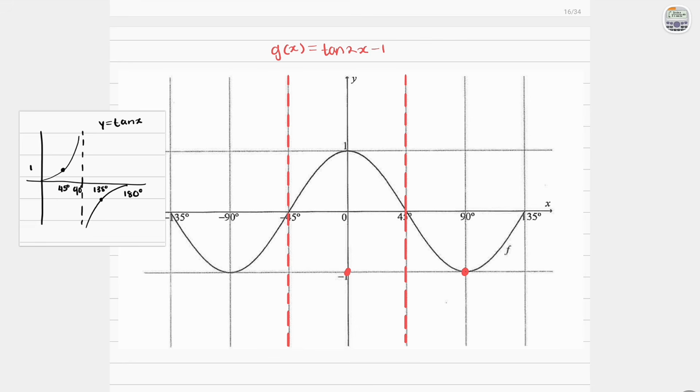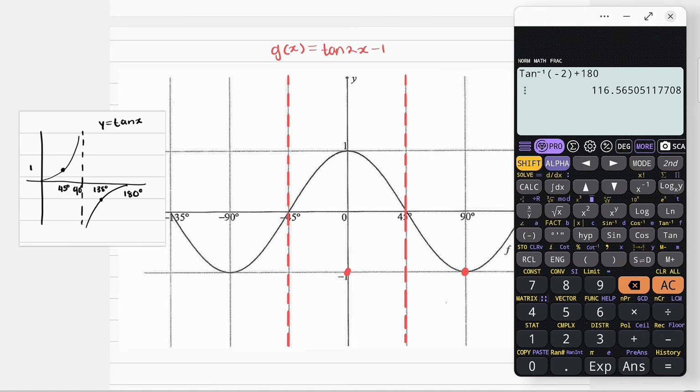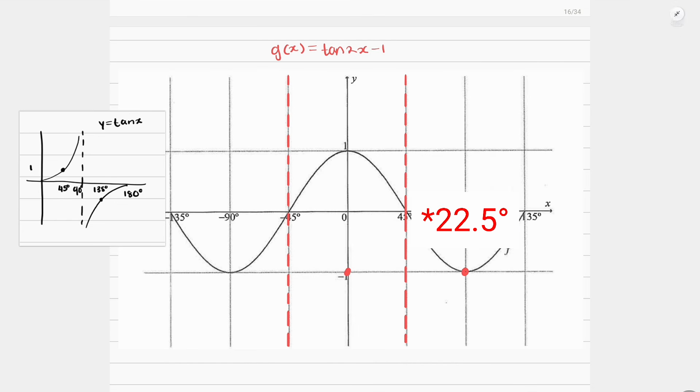So the main points we need to catch is where that tan graph, okay, at that 45 degrees, where that tan graph is equal to 1 at 45 degrees. You know that it's no longer going to have this value anymore here at 45 degrees. It will have it at half of this. So take 45 degrees and then divide it by 2. That is at 22.5 degrees.